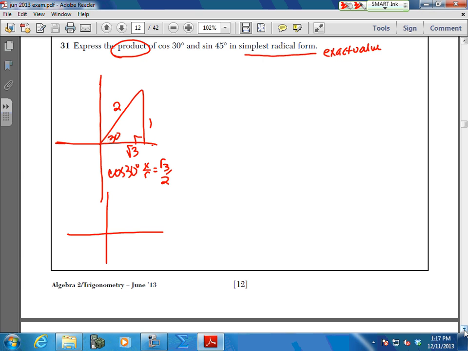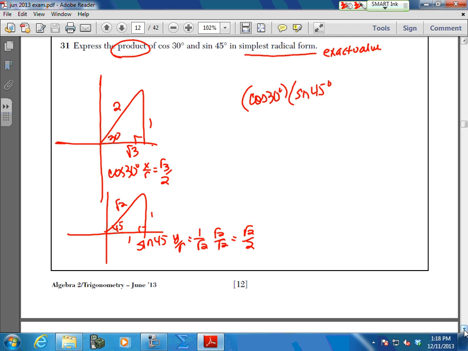And do your 45, same way. 1, 1, radical 2. And your sine of 45 is y over r, 1 over radical 2. Rationalize this to radical 2 over 2. Now, you can say cosine of 30, sine of 45, so this is our radical 3 over 2, times radical 2 over 2.